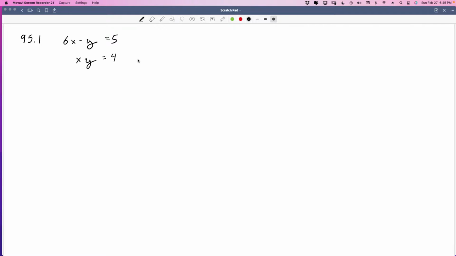All right, so here you can see we have two different types of equations within our system of equations. On the top, we have a straight line or a linear equation, and here we have a hyperbola. How are we going to solve this system of equations to find out what our x and y values could possibly be?